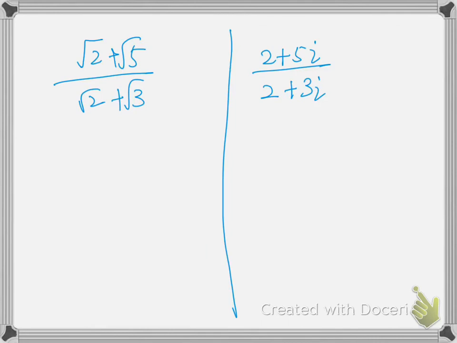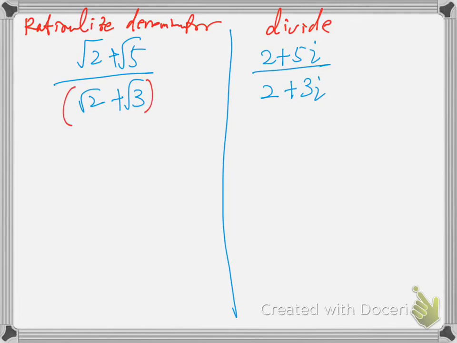So let's look at these two questions. For the radical one, we want to rationalize the denominator. For this one, we want to find the quotient, so it's just simply divide. Let's do them together. They are exactly the same, so we use conjugation.